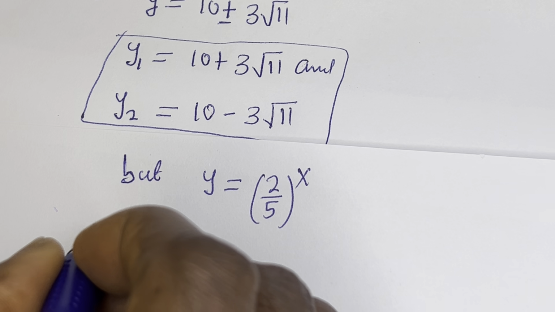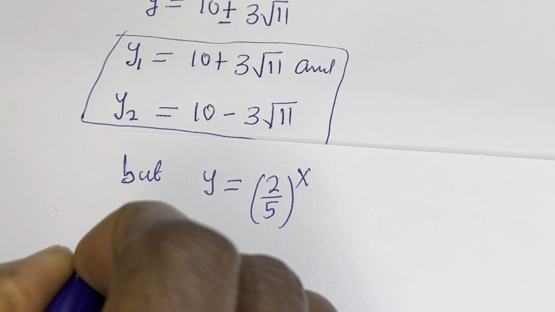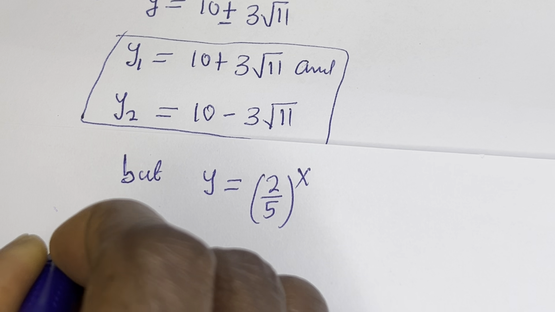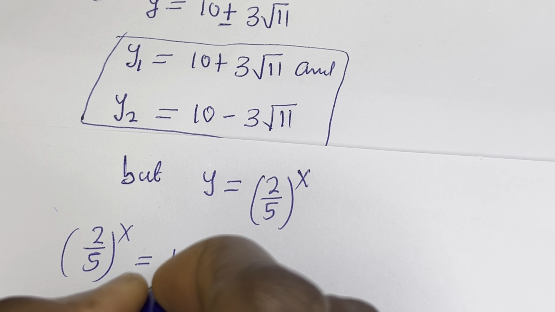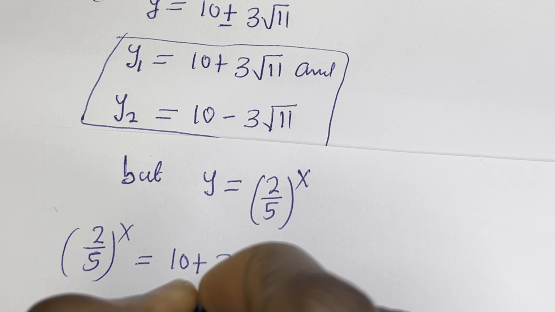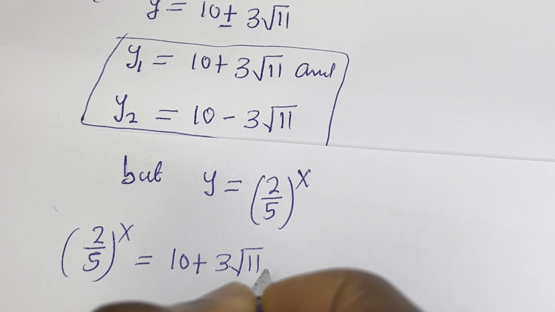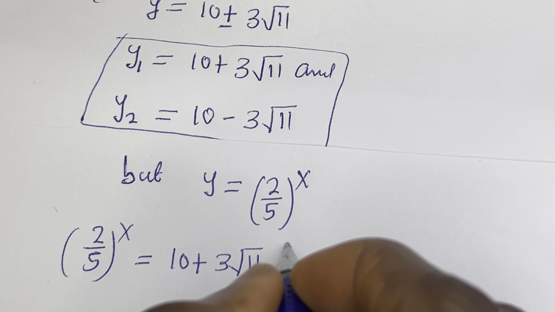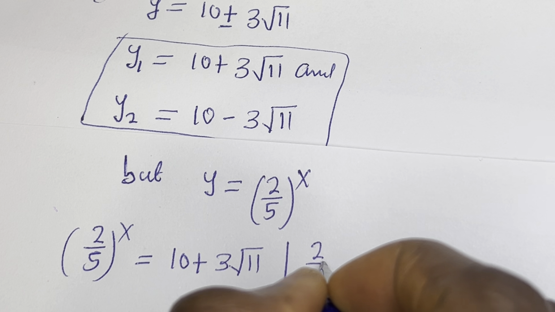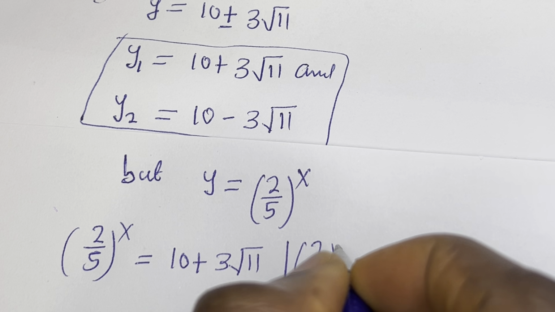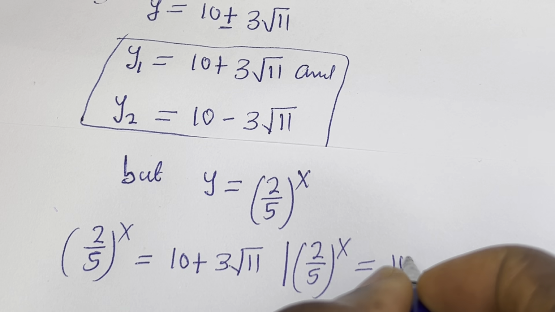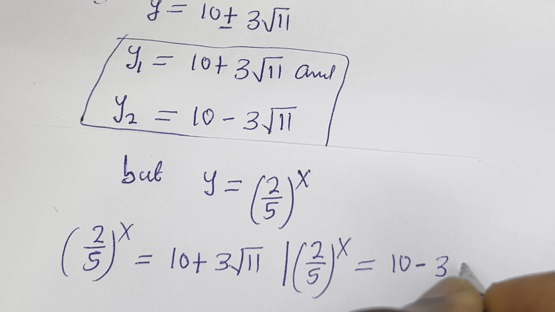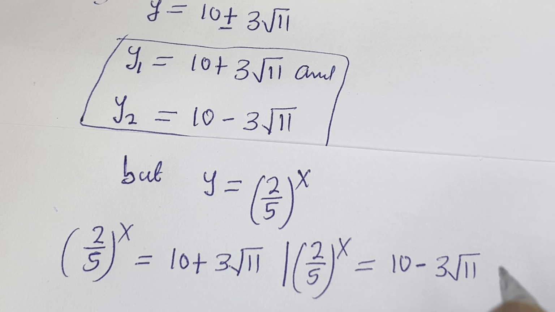Then we have (2 divided by 5) to the power of x is equal to y1, that is 10 plus 3 square root of 11, and (2 divided by 5) to the power of x is equal to y2, that is 10 minus 3 square root of 11.